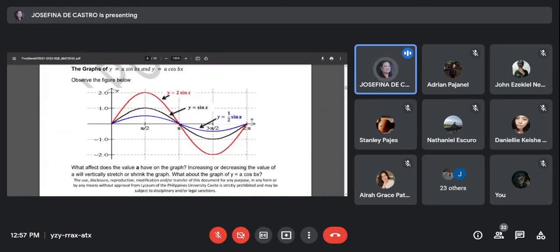Ito naman kulay blue, y is equal to 1/2 sine x. So, observe the graph, tignan mo kung ano ang pagbabago nangyari sa graph with the corresponding equation. Yung kulay black, ito ang kanyang graph. Yung kulay blue, ito ang kanyang graph. At yung kulay red, ito yung kanyang graph.